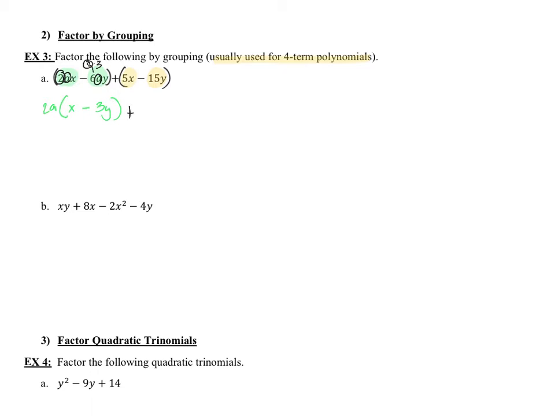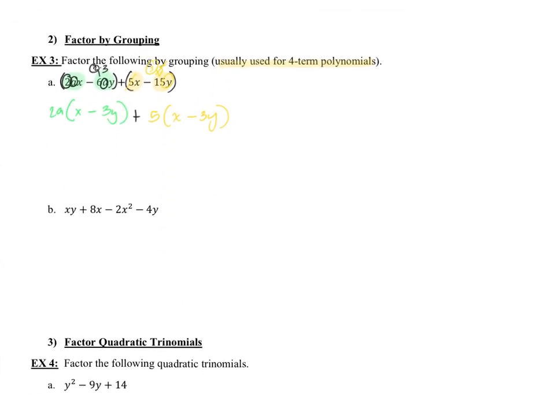Now let's look at the other grouping. I could take out a 5 from there because the 15 is 3 times 5, and there's nothing else they share in common. So what's left over when I take out the 5 is just x and then 3y. Remember that minus sign. Once I've done this, you might be tempted to stop, but this one looks an awful lot like the one we just did above.